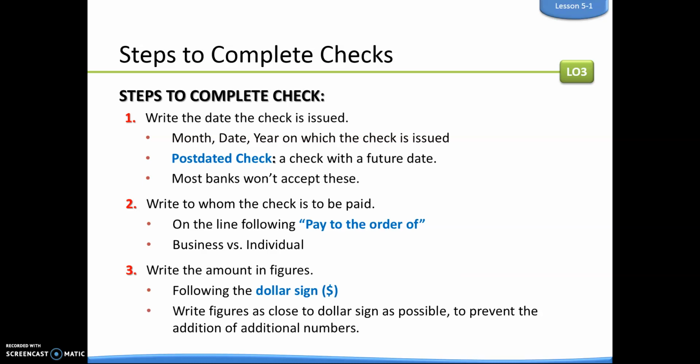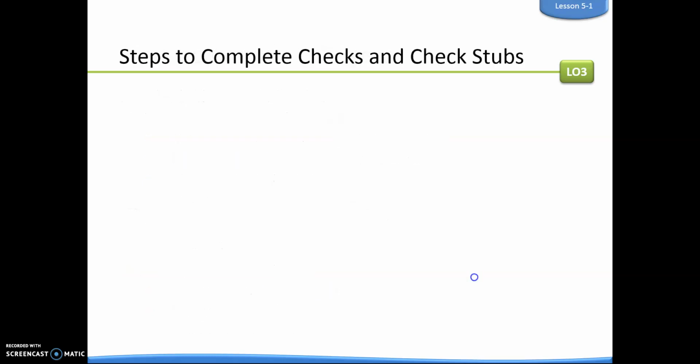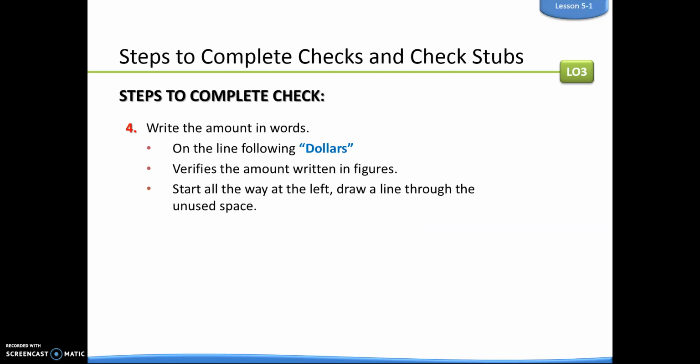The third thing is that we have to write the amount in figures. So we're going to use the following where it has the dollar sign. We want to write this as close to the dollar sign as possible to try to prevent any additional numbers from being written in there in case someone were to get a hold of the check. The fourth thing we do is write the amount in words.